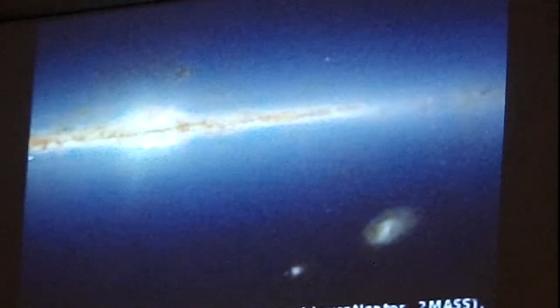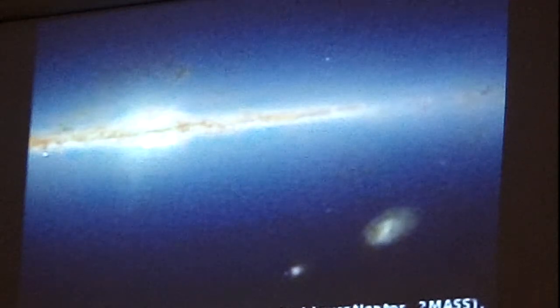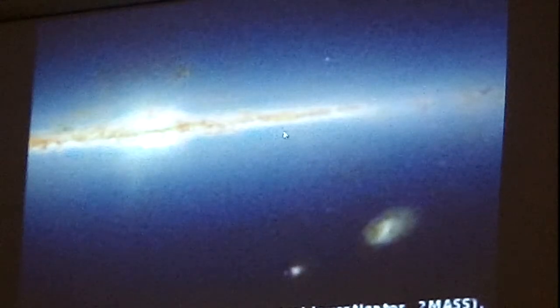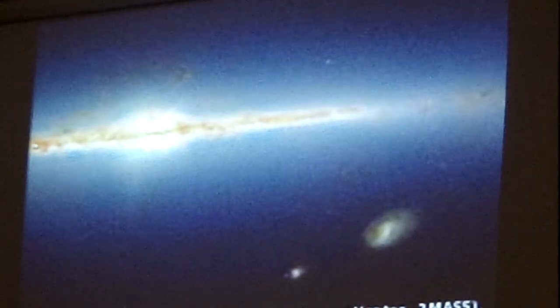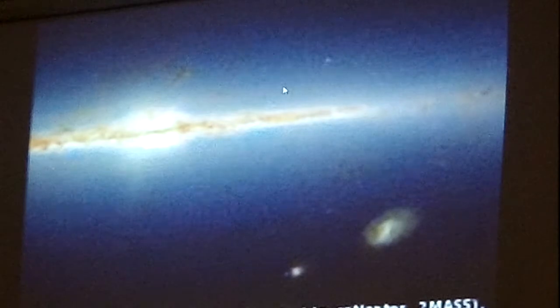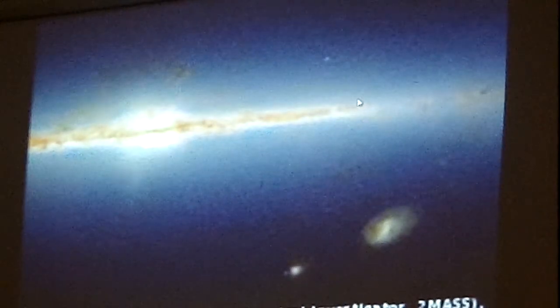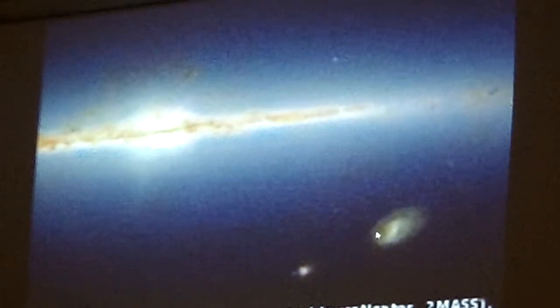And here's where they sit. This is the plane of our galaxy. That's the Milky Way. And this isn't a picture, this is a computer simulation. It's showing how the Milky Way would be sitting. And here's the small and large Magellanic Clouds. They kind of sit down below the plane of the Milky Way.